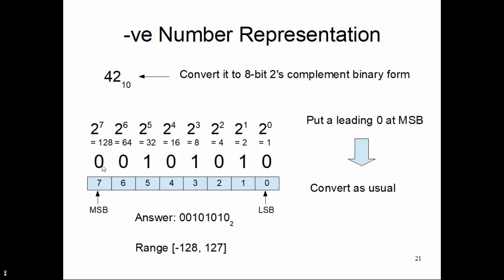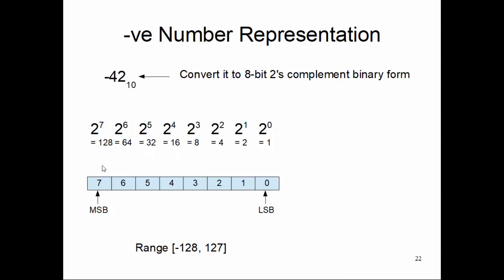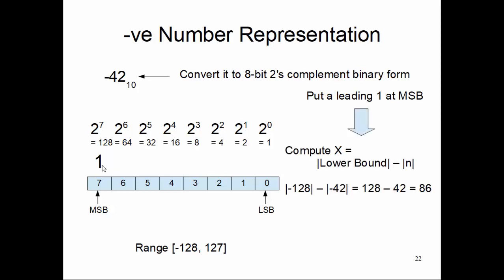Now the question becomes, how about a negative number? How do you do it? For a negative number, we do it this way. Put a leading 1, the MSB. Then we compute x as the absolute value of the lower bound, which is minus 128, minus the absolute value of the number to be converted.